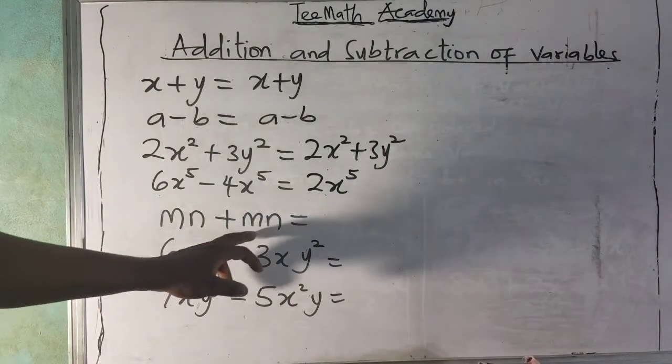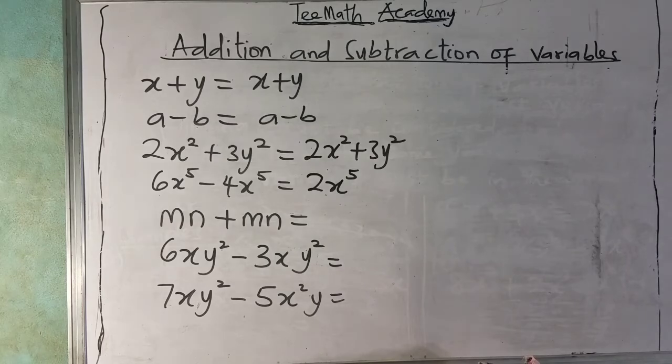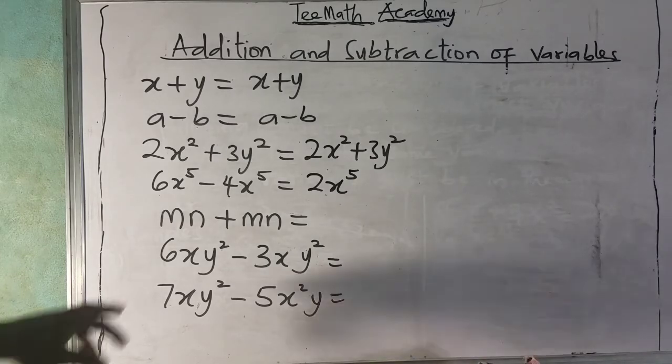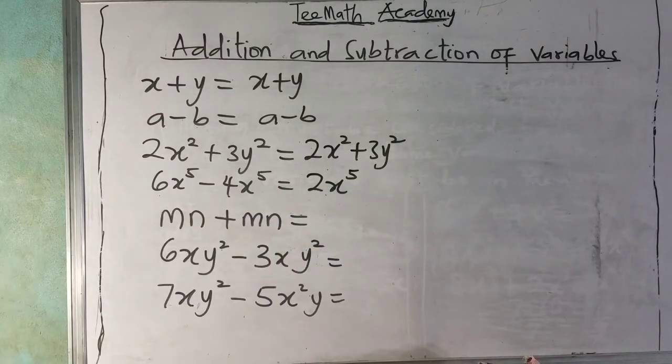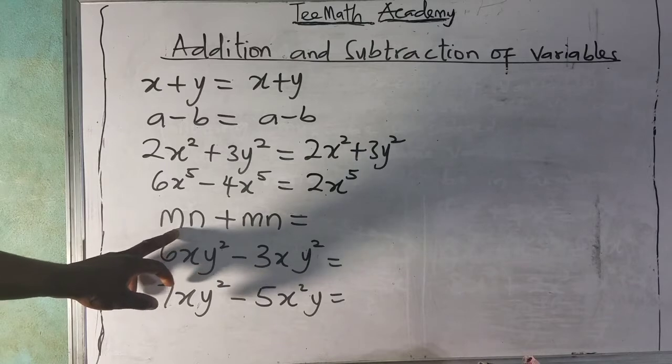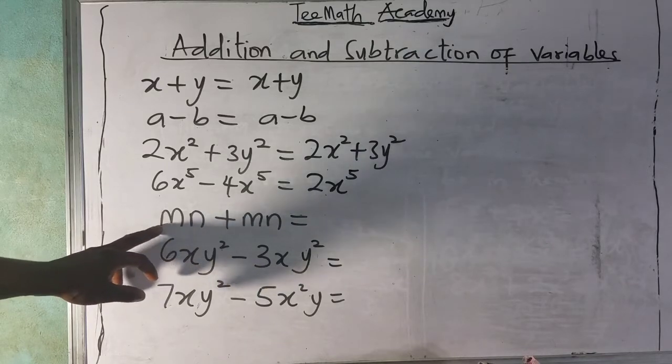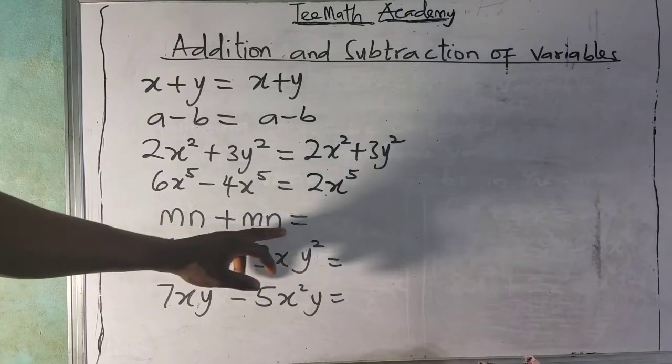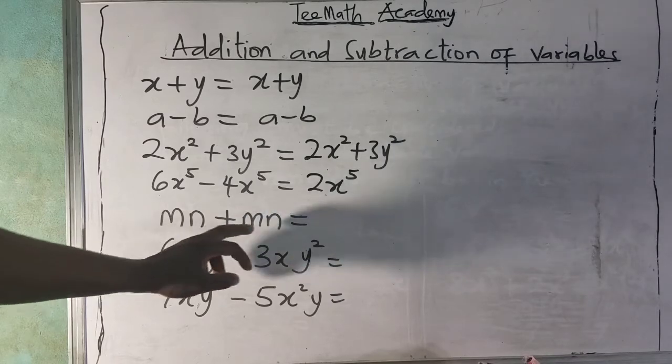Now, take a look at this. mn plus mn. If you ask some students this question, they will tell you that it is m squared n squared. No. This is addition. These variables here have become 1. Also here, mn is like you say x plus x, that is 2x.